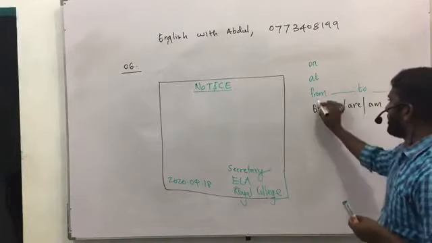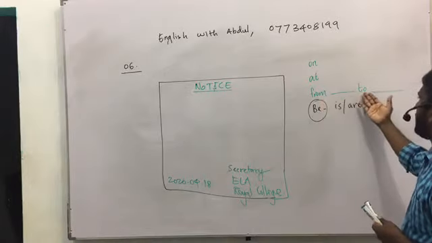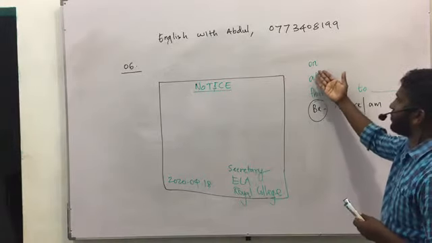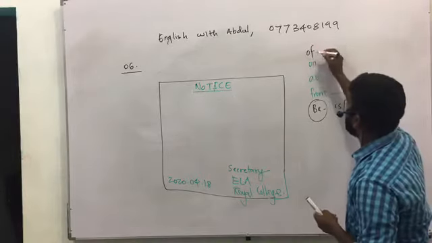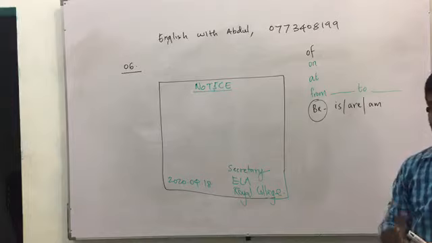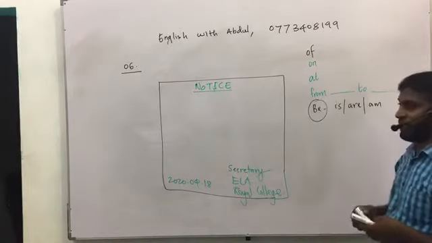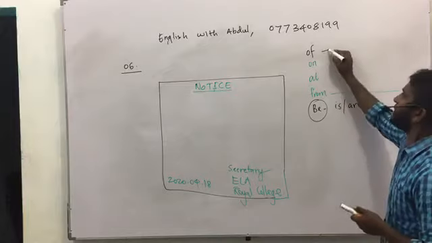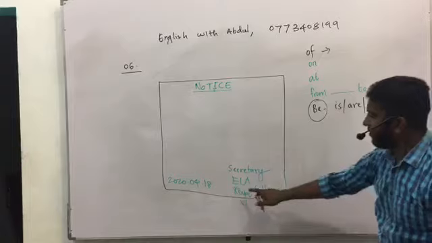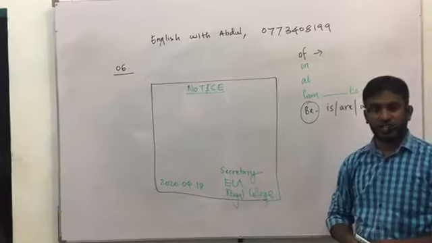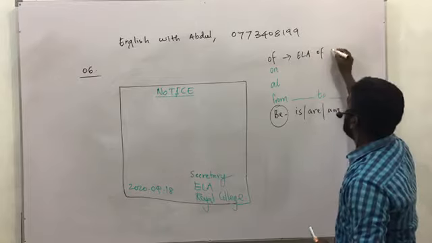From can be used, to can be used, at can be used sometimes, on can be used, and of also can be used when you write a notice. Here I am going to teach you this of. For example, I have written here English Literary Association of Royal College.